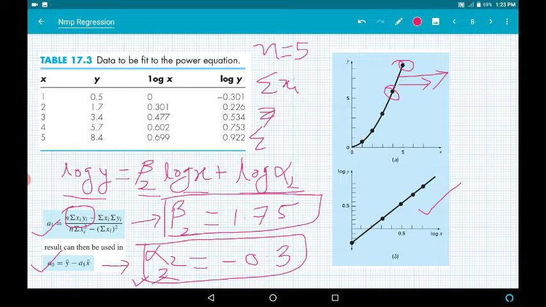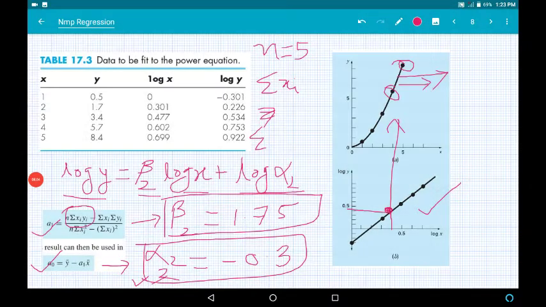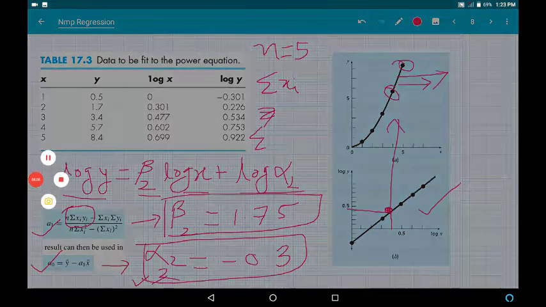For any point which is not known, I will just project that point here. This is the value that I will get, and then I will calculate the value at this point. Then I can project it in the above curve and get the answer. So this is the use of regression, that you know the value of y for some x. If you want to find the value of y for some unknown x, that can be done. All right, so this is the linear regression by linearization of the nonlinear equation.